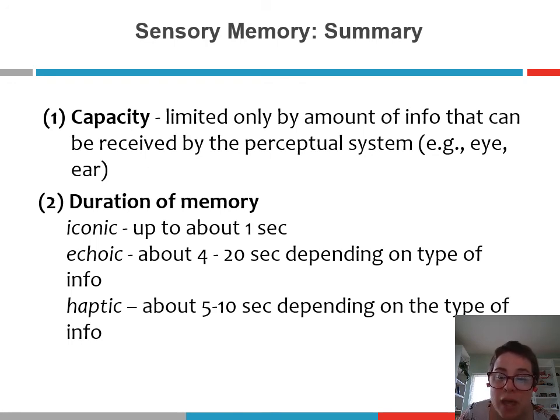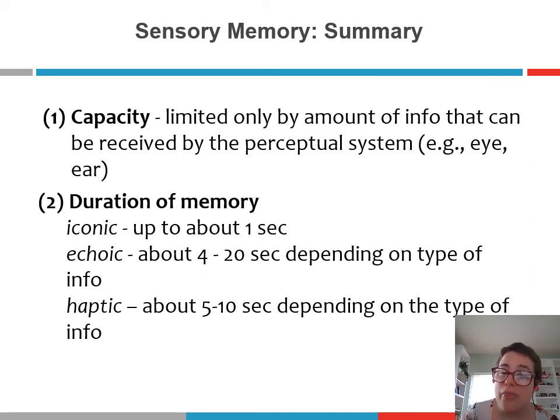With experiments looking at auditory information, duration in sensory memory is a little bit longer, between 4 and 20 seconds, which is more analogous to what we would see with short-term memory according to the modal model. And then with haptic, it's about 5 to 10 seconds.